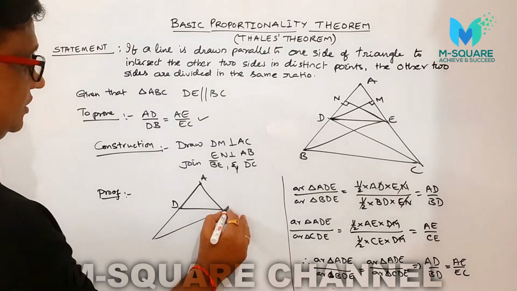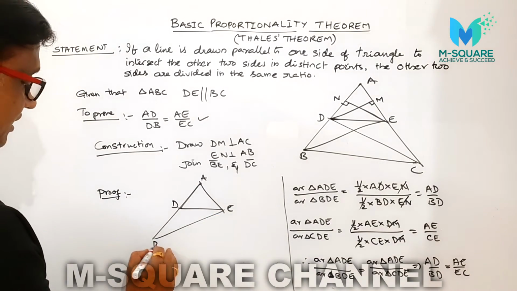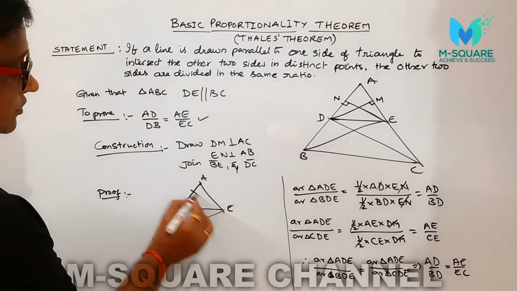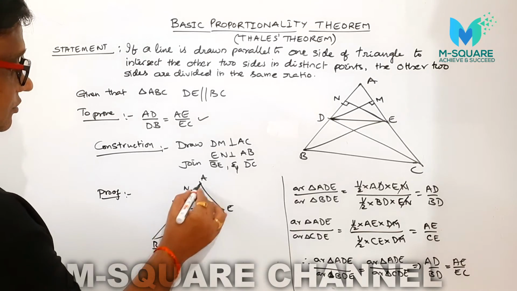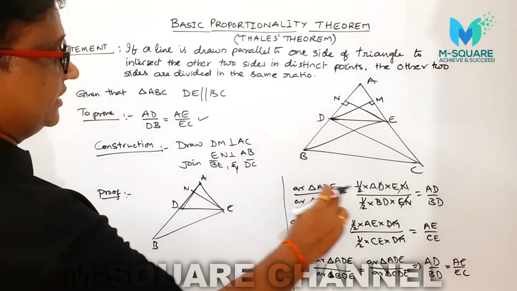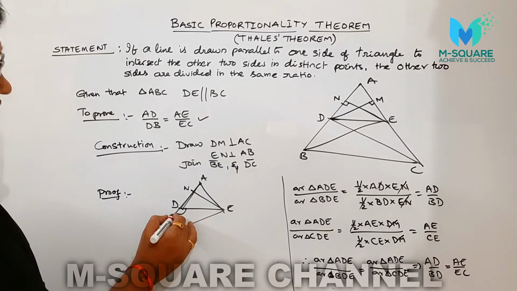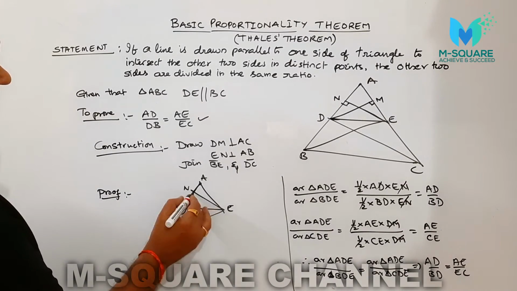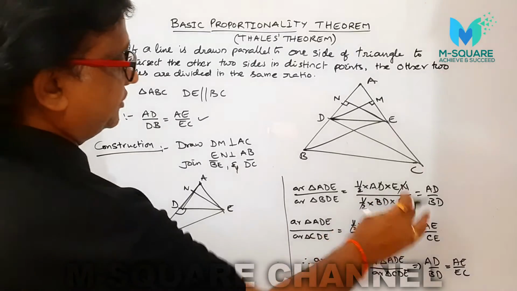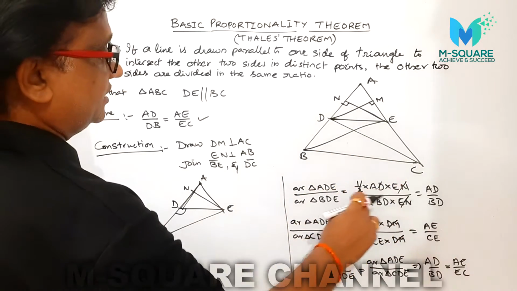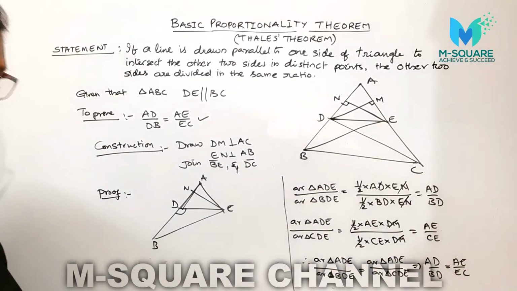For our understanding, I am writing like this. Here EN is the altitude. So the area of triangle ADE is half into AD into EN, and for BDE, because this is an obtuse angle triangle, the altitude is outside, half into BD into EN. After EN and half cancel, we get AD by BD.